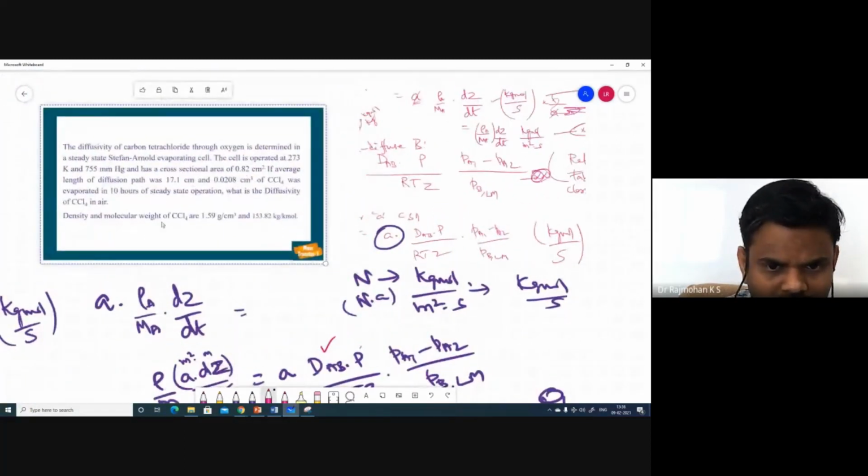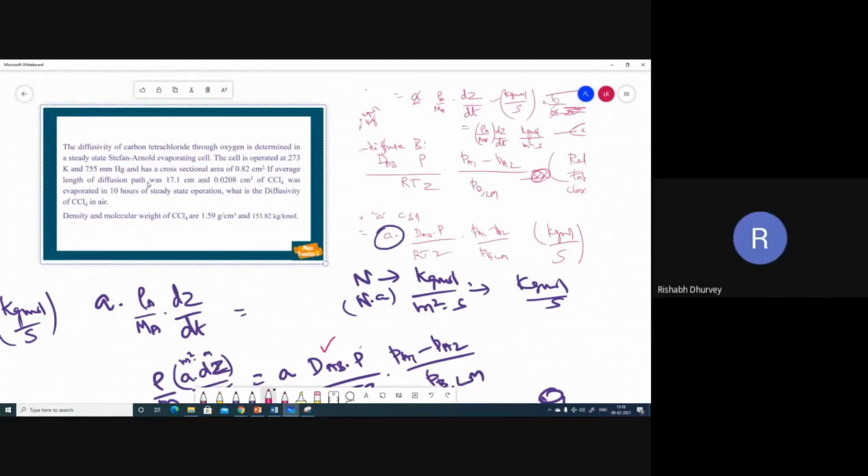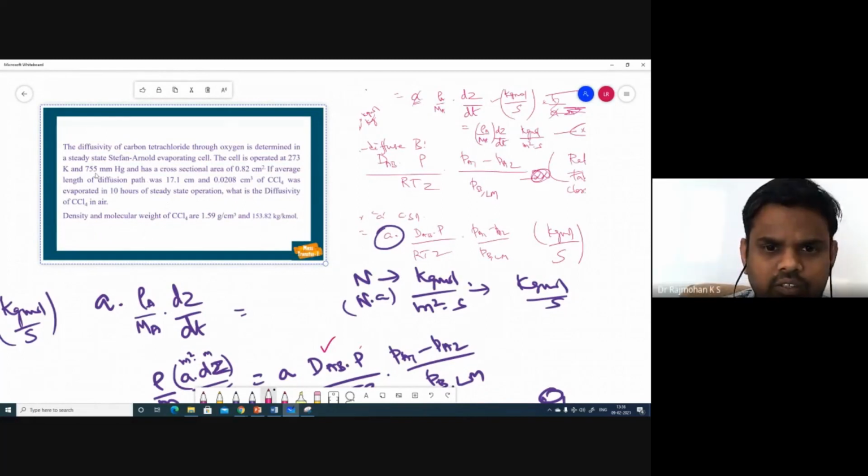Vapor pressure is given where? 75 mm. No, this is total pressure. Average diffusion path is given.